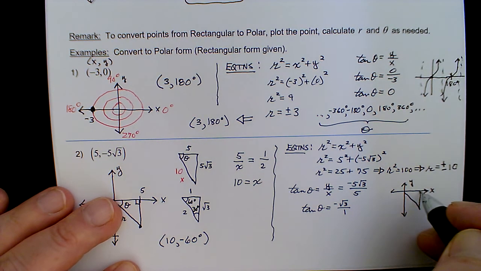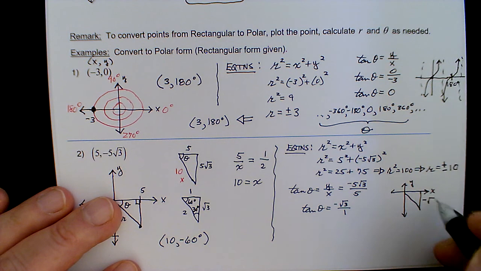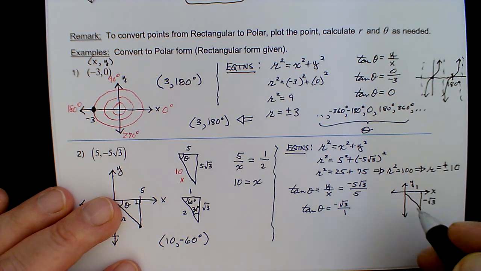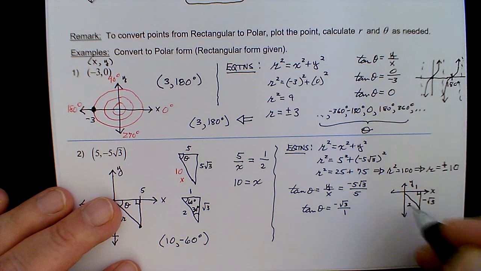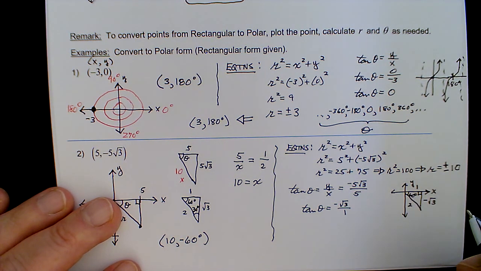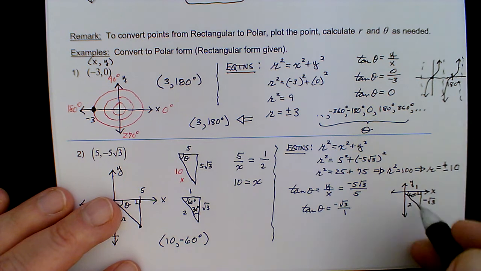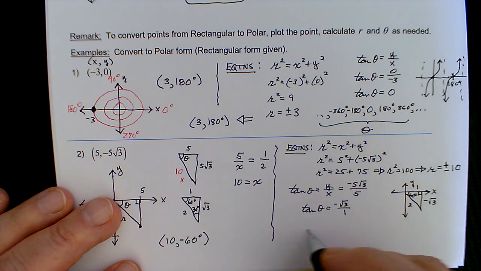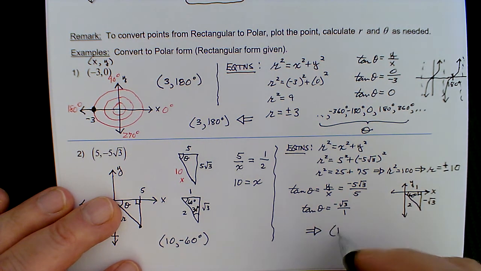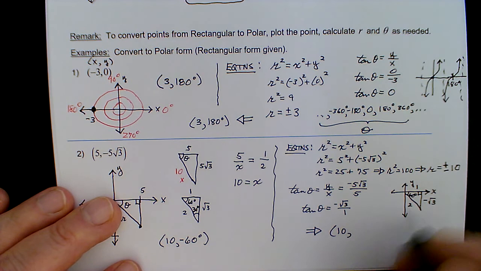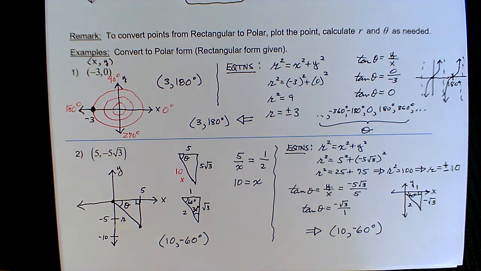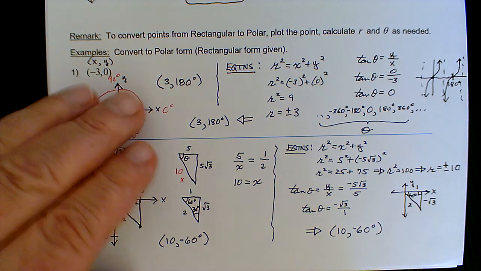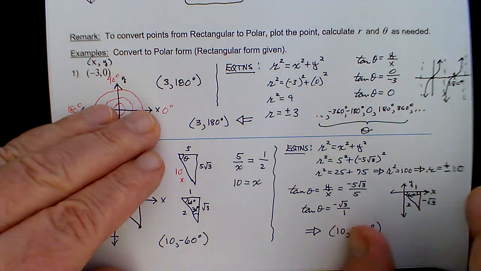And consider tangent is opposite, negative radical 3 over 1. Immediately, that's your right triangle, 30, 60, 90, and that's 60 degrees. So, therefore, you can discern that, once again, if you're going to go with positive 10, you'd have to go with negative 60 degrees. Okay, so analytically it's a little bit more fun, but equations will always work as well.